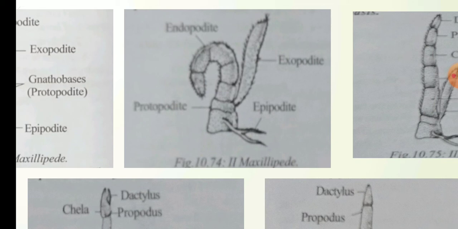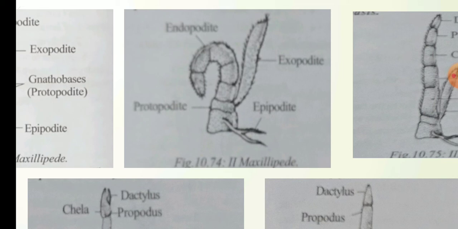The protopodite is formed of coxa and basis. The endopodite is curved like a question mark and made up of 5 podomeres or 5 segments, and the exopodite is unsegmented.